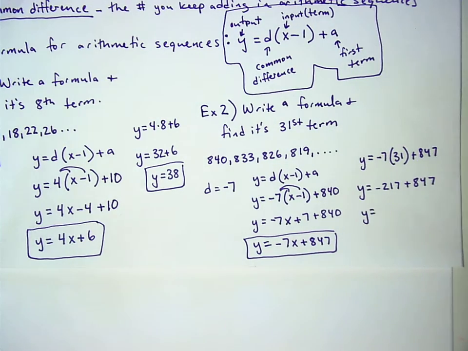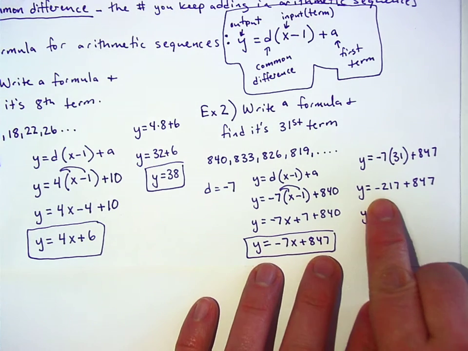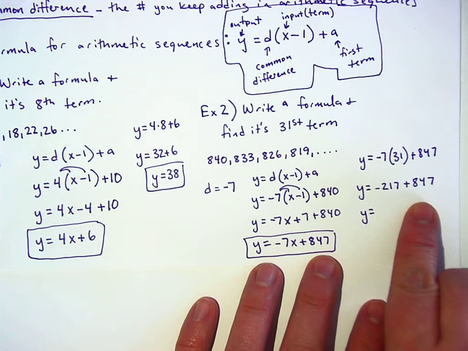Which is what, Charlie? Negative 2. Did you type in negative 217 plus 847? No, I'm multiplying. Ah, I bet that's probably a large number then, huh?